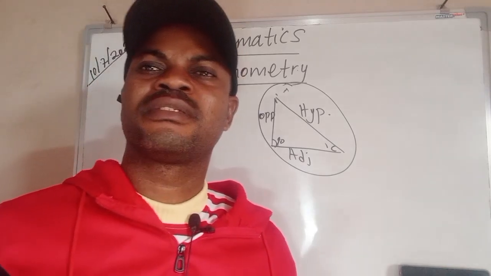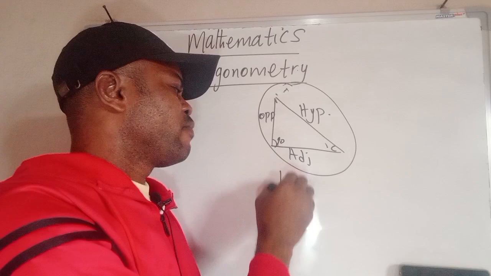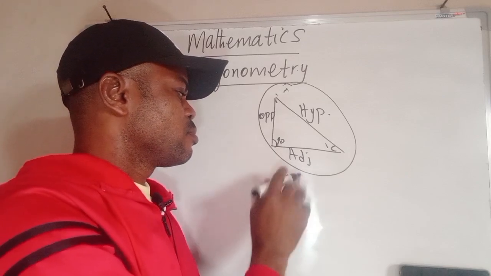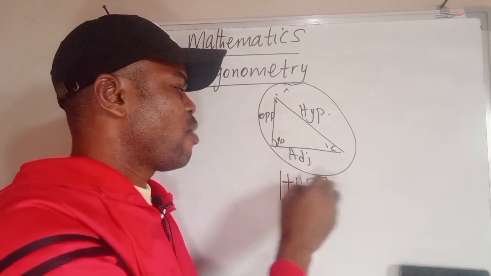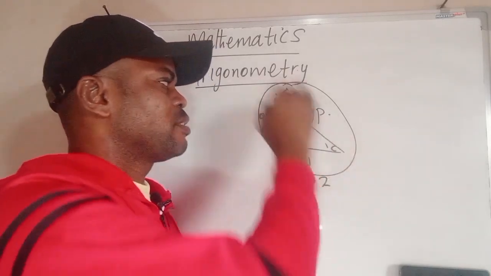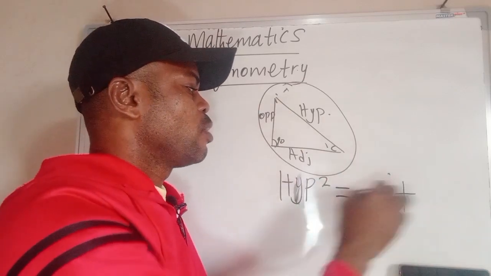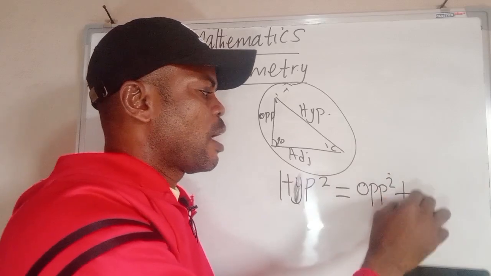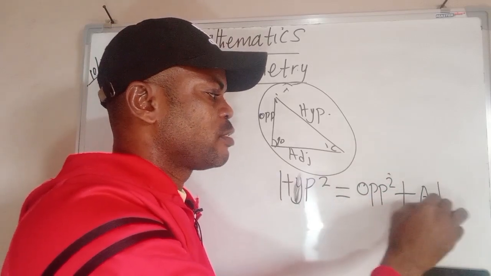It simply states that the square of the longest side of the triangle, which is the hypotenuse, represented with HYP, is equal to the sum of the square of the opposite and the square of the adjacent.